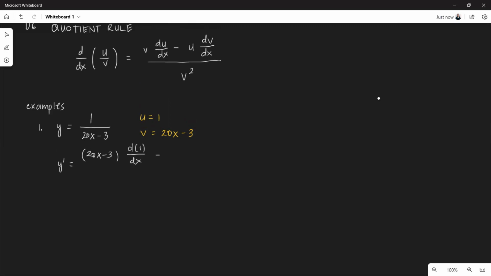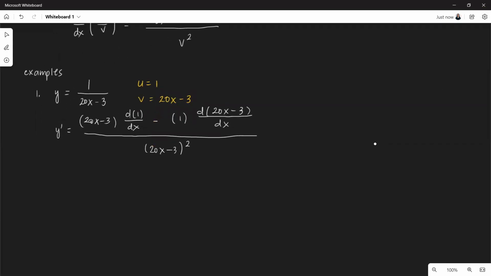And then subtract the product of, you copy 1 and then multiply it with the derivative of v, so multiply with the derivative of 20x minus 3. And then divide everything by the square of the denominator. So v is 20x minus 3, quantity squared.